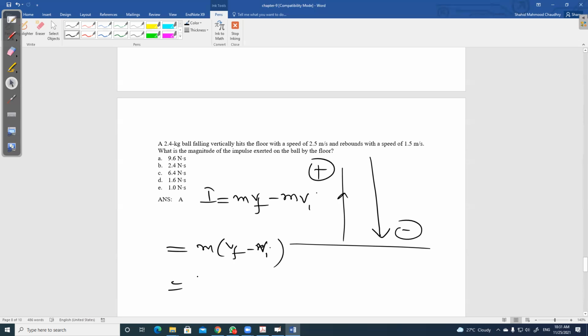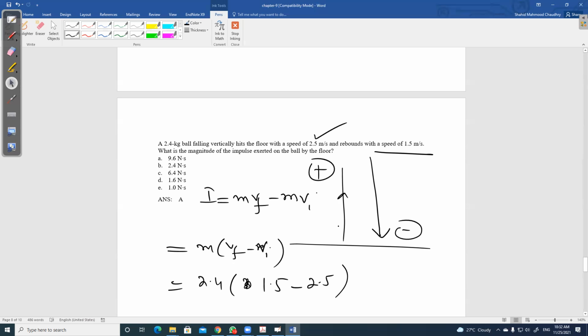M is 2.4 and we need vf minus vi. Apply this formula: vf is 1.5 and vi is minus 2.5.